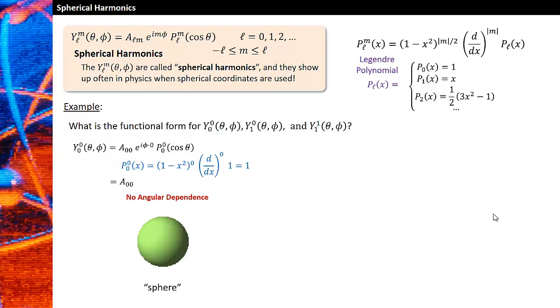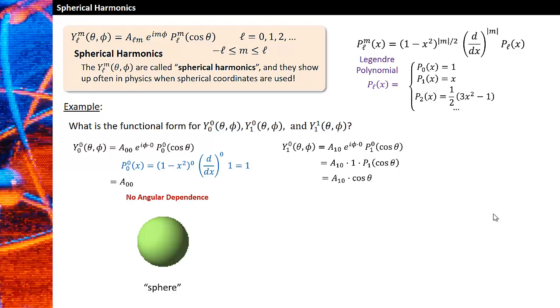Okay, let's look at something a little bit more interesting. Let's look at Y10. So Y10, I can write as A10, e to the i m times phi, where m is now 0 again, P10 of cosine theta. Okay, so P10 of cosine theta actually looks a lot like P00 of cosine theta, in that the 1 minus x squared factor is just 1.